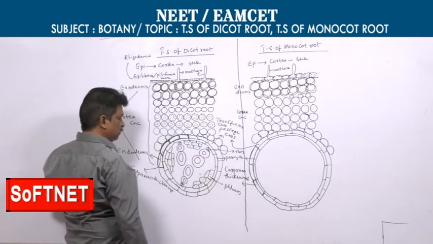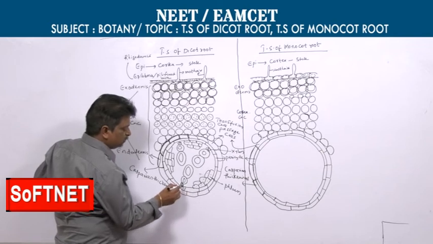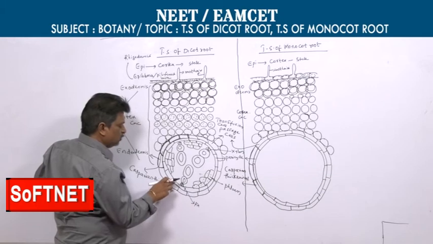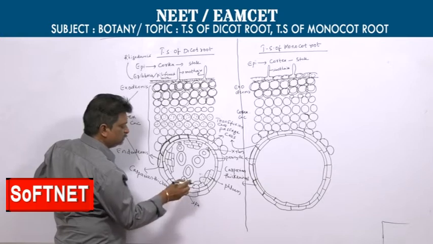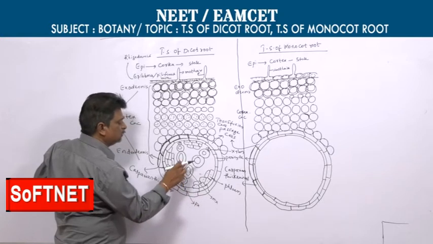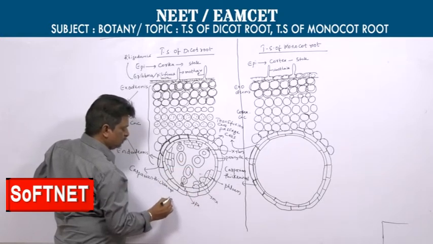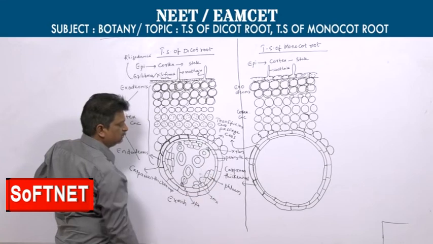Then xylem differentiation is centripetal, in which protoxylem is towards the outside, meaning towards the pericycle, and metaxylem towards the medulla. That centripetal differentiation gives exarch.